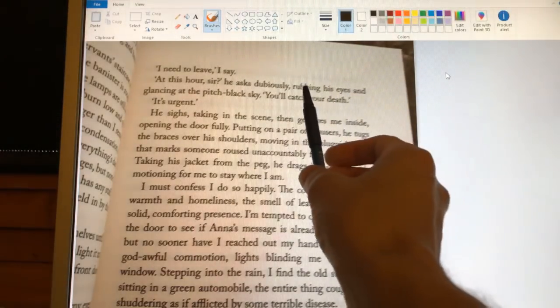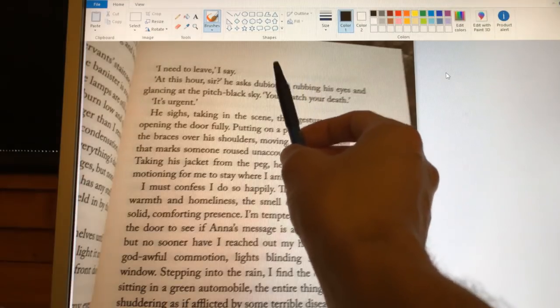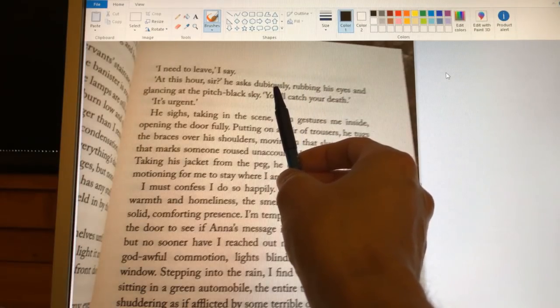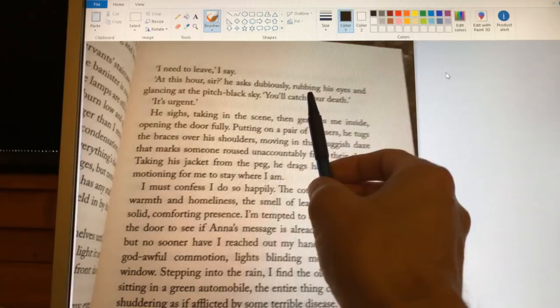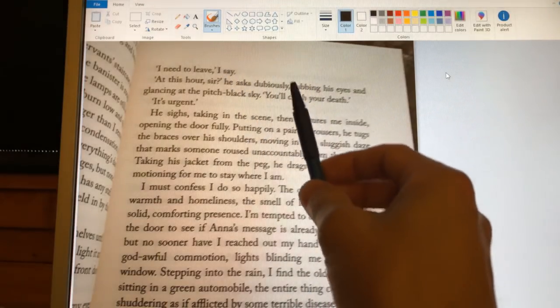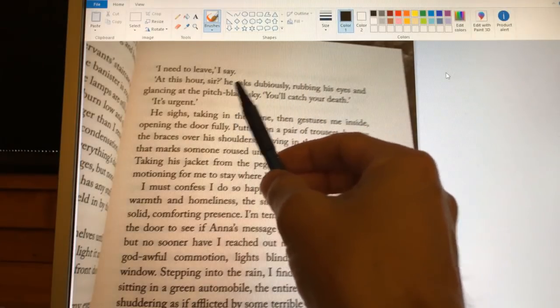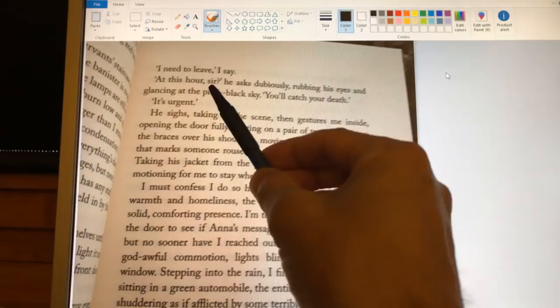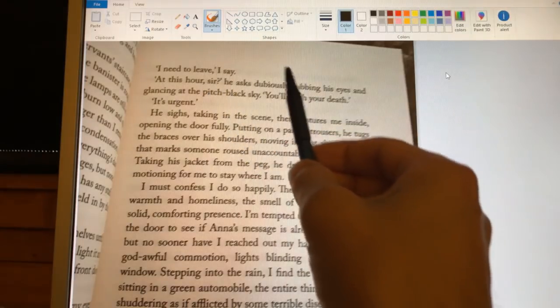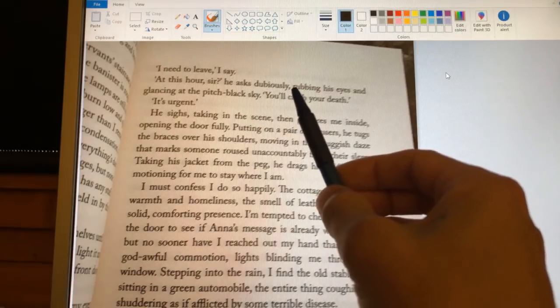Now, with these participles that come at the end of the sentence, you have to ask yourself, do they describe the word immediately before them? Or do they describe a word further back in the sentence? Now, of course, rubbing does not describe dubiously. It describes he. Now, when the participle goes further back in the sentence, when it describes a noun further back in the sentence, you will need a comma.